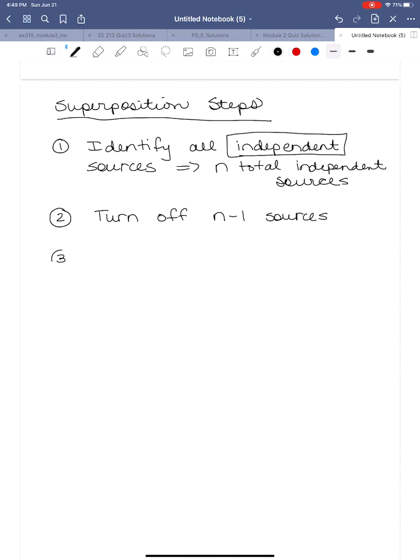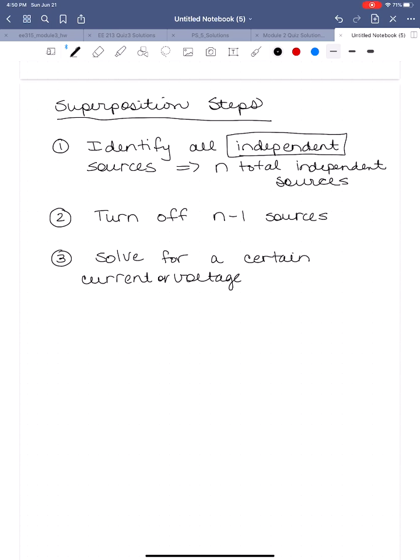And so step 3 is we're going to solve for a certain current or voltage, what we've been asked to solve for in the circuit.